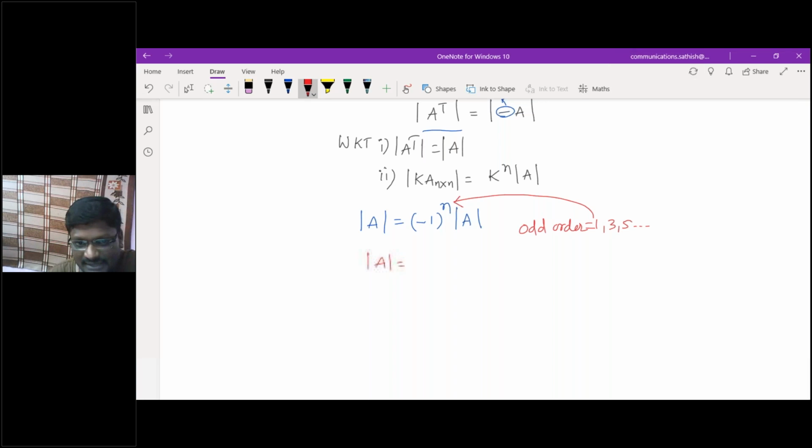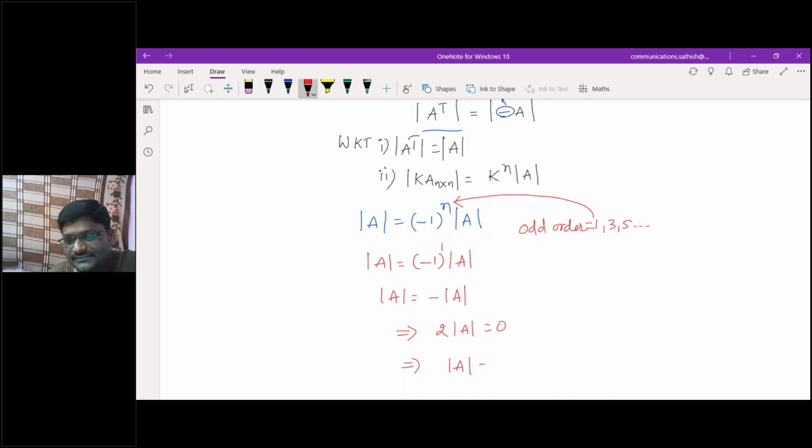Mod A is equivalent to minus 1 whole power 1 into mod A. This is mod A equals minus mod A. This I can represent as 2 into mod A equals 0. From that, mod A is 0. 0 or not?